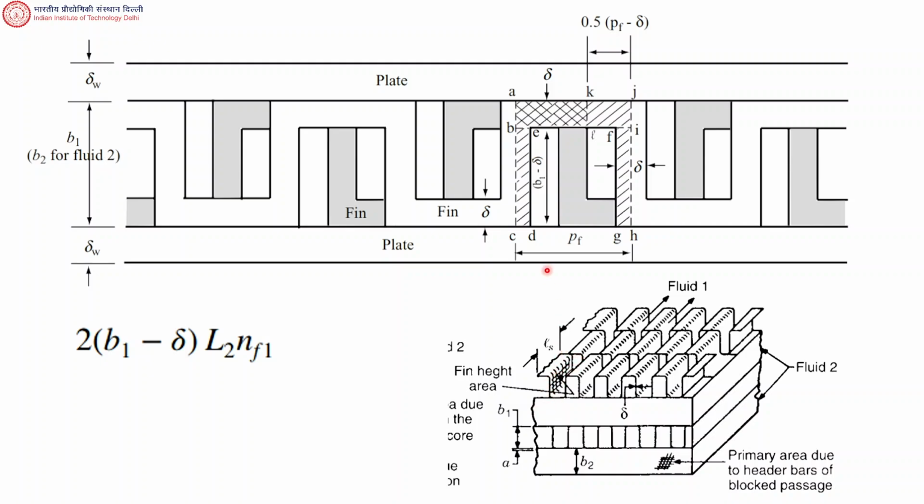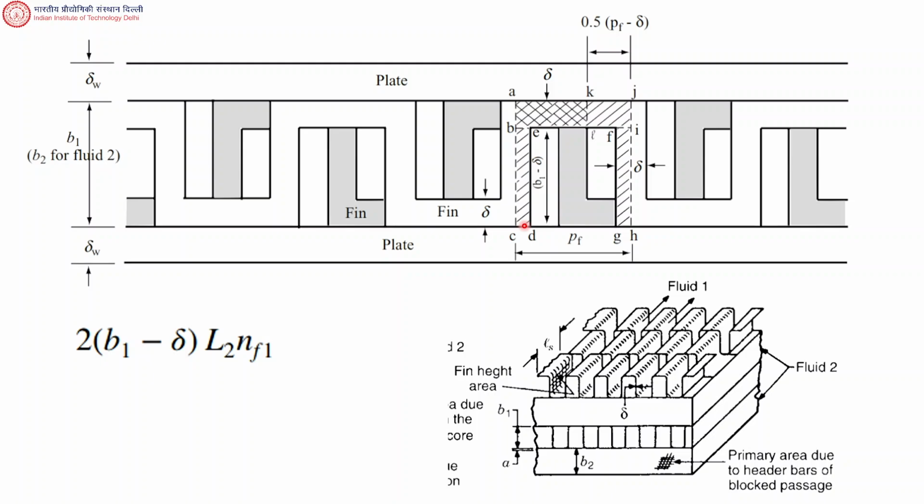Okay. Now the height of this is B1 minus delta. Correct? This passage, height is B1 minus delta. What is delta? Delta is this width, thickness. Okay. So this is B1 minus delta.